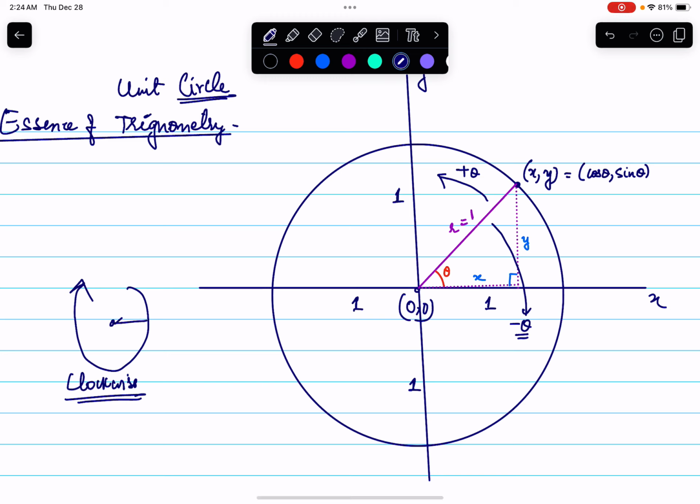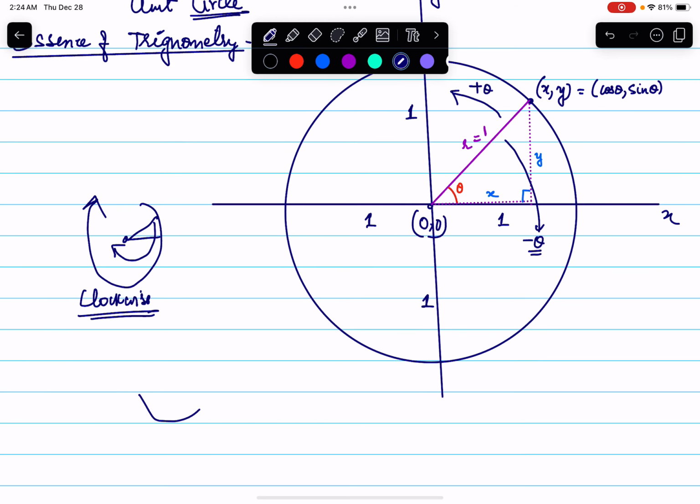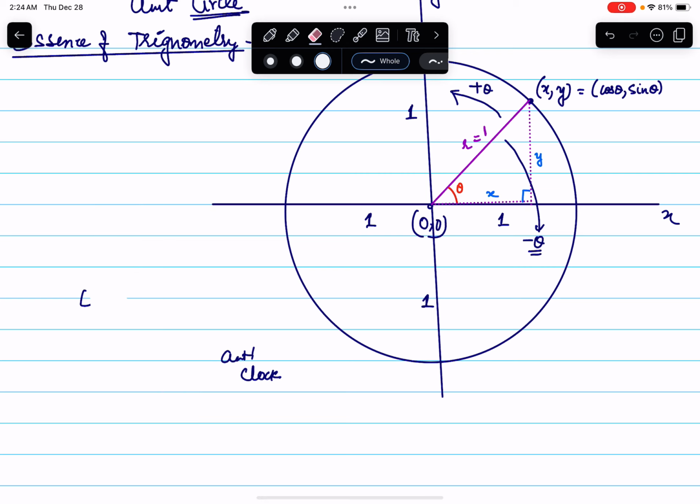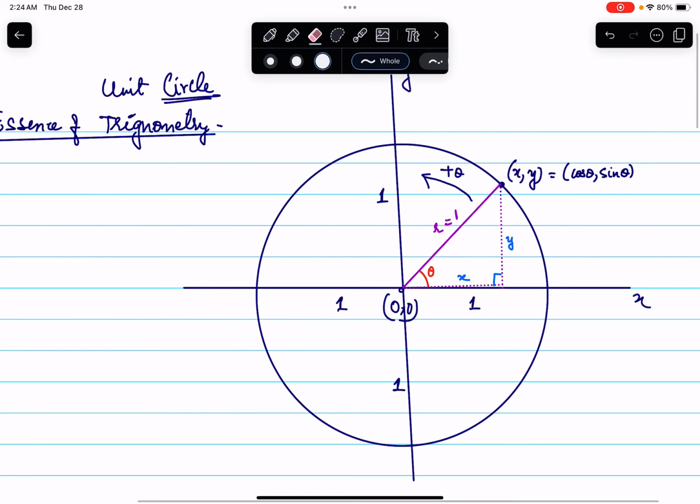So if you have a clock over here, the minute hand will move this way. And this direction is anti-clockwise, because the minute hand in a clock goes this way, but we're going the opposite way. So that's the concept of positive theta and negative theta: anti-clockwise is positive theta, and clockwise is negative theta.